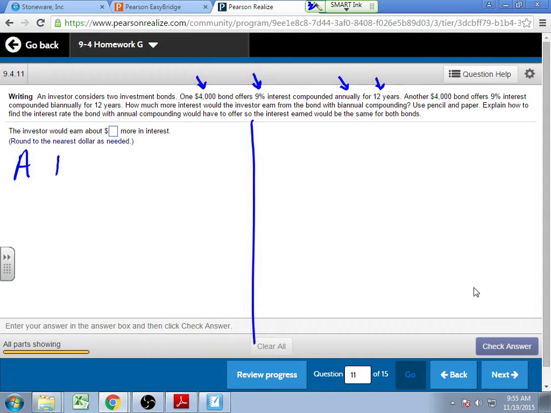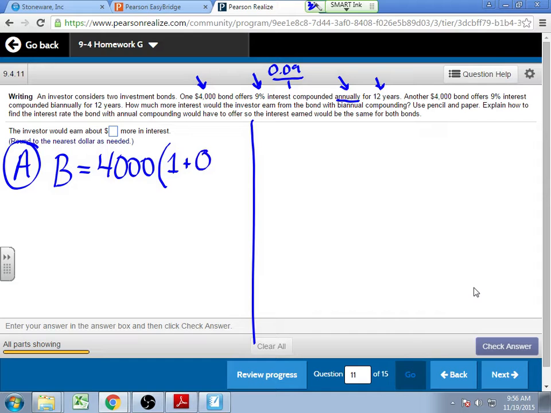To compute my balance here, it's going to be the principal, the 4,000, times 1 plus R. Now here's the thing about the R. You've got to take the interest rate divided by how many times it happens in a year. Well, if it's only compounded annually, it's once per year, and dividing by 1 makes no change. Then my N is the total times it happens, which again, if it only happens once per year and it happens for 12 years, it's to the 12th.